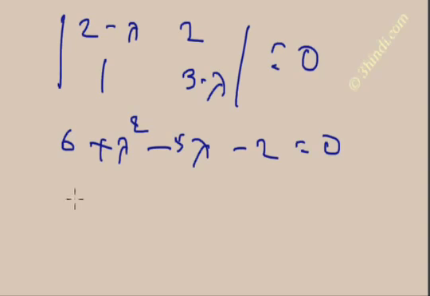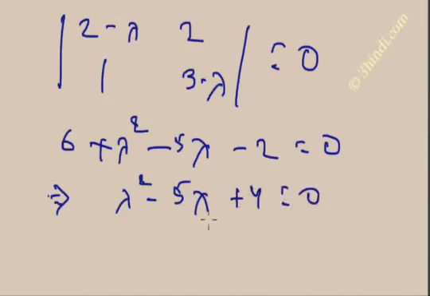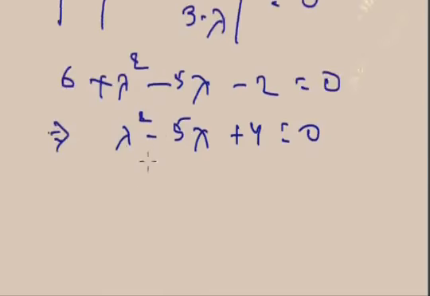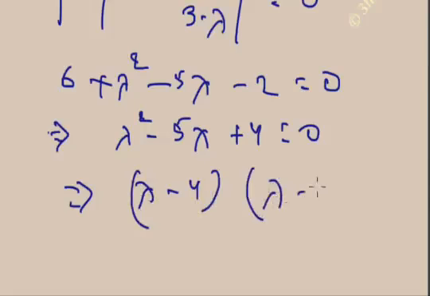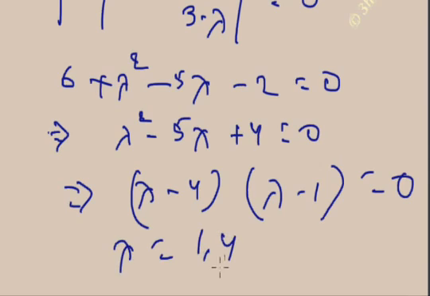Solving this means lambda squared minus 5 lambda plus 4 is equal to 0. Minus 5 lambda, you can write as minus 4 lambda minus 1 lambda. So it will give lambda minus 4 into lambda minus 1 is equal to 0. So lambda can be 1 or 4. Lambda 1 is equal to 1, lambda 2 is equal to 4.